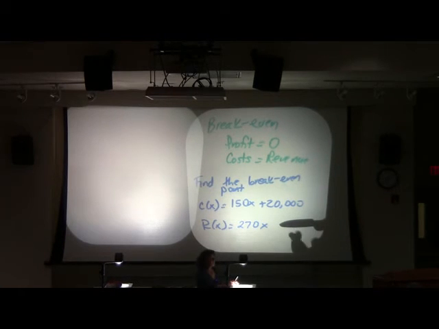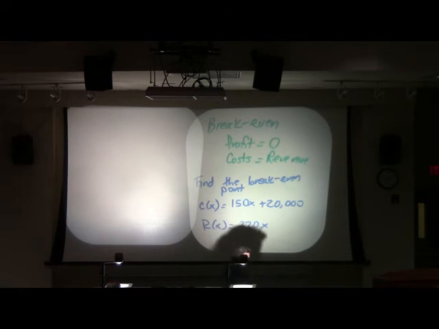You with me there? Now, our cost function, remember when we're dealing with a linear cost function, our slope represented something and our y-intercept represented something, okay? In case you don't remember, our y-intercept represented our fixed costs.